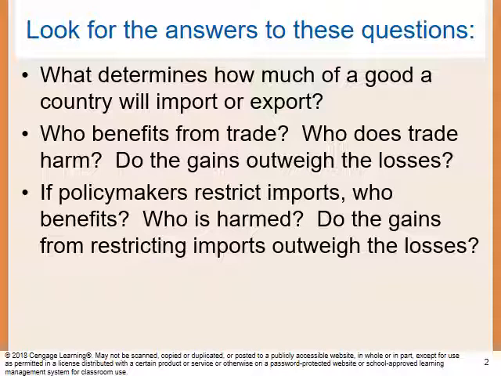And international trade is mostly a topic of discussion and political debate, and as you have seen in the chapter, policymakers are involved in deciding if a country should engage in international trade or not.